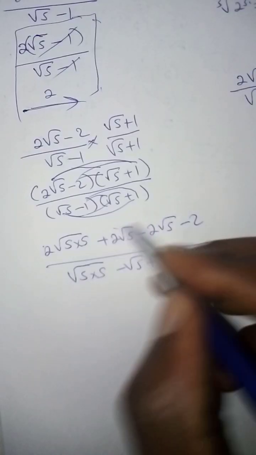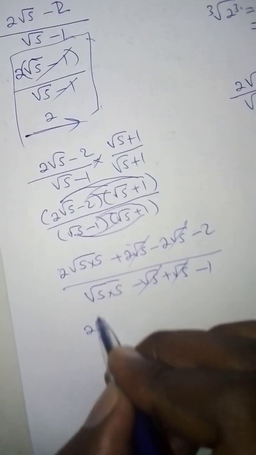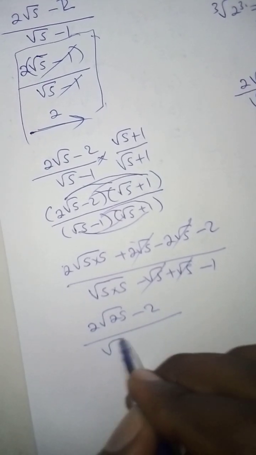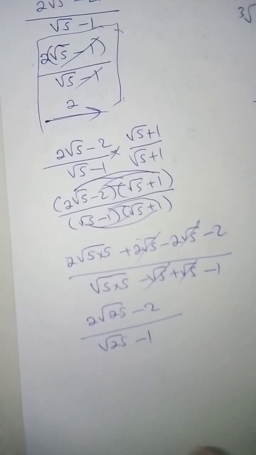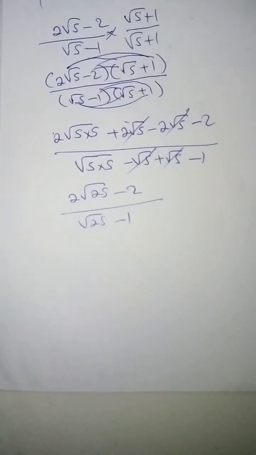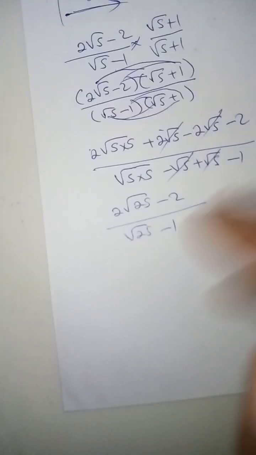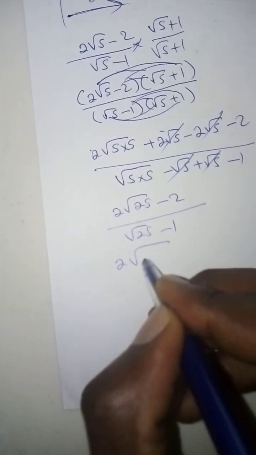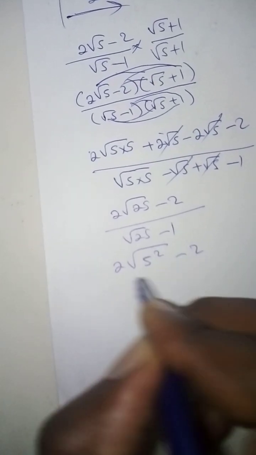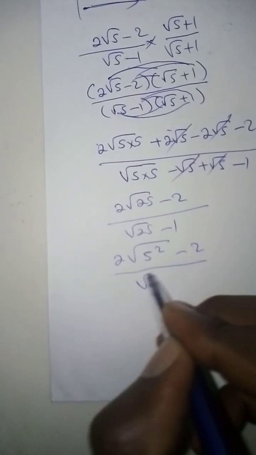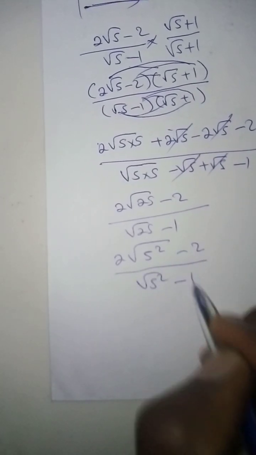So since these are like terms, they cancel each other. Now we're left with 2 square root of 25 minus 2 divided by square root of 25 minus 1. So now from here, we have to convert our whole number into its simplest prime factor, right? So we have 2 a square root of 5 squared minus 2, because 5 squared is going to give us 25, divided by a square root of 5 squared minus 1.